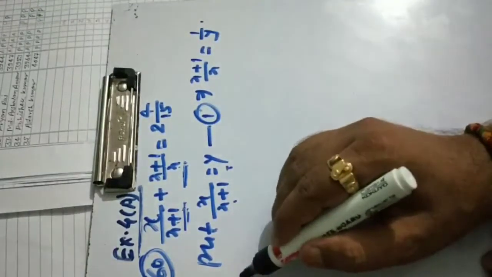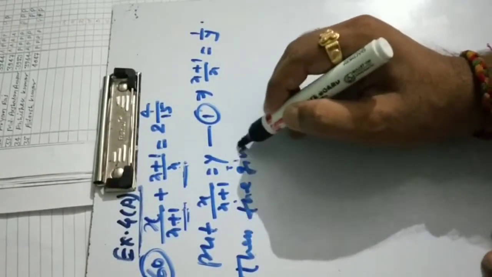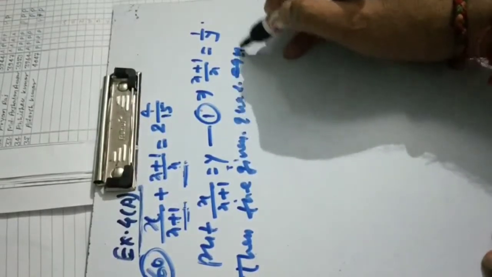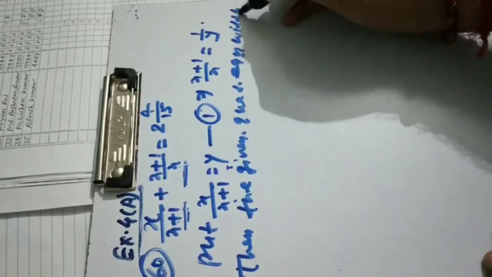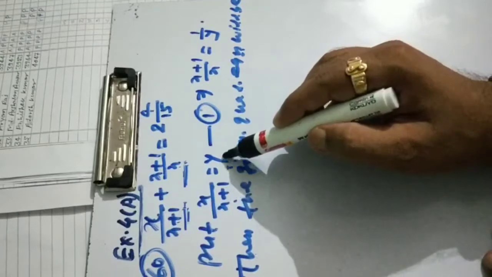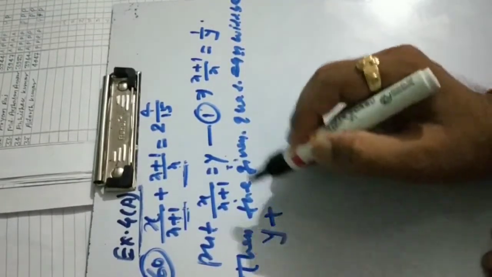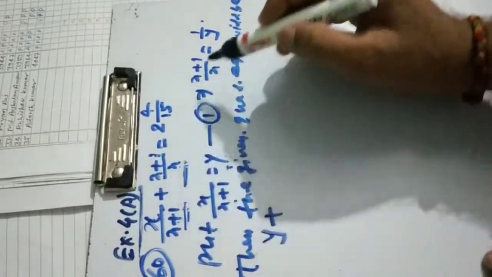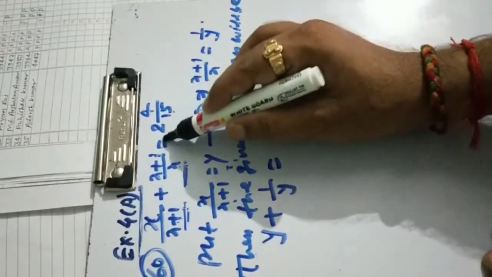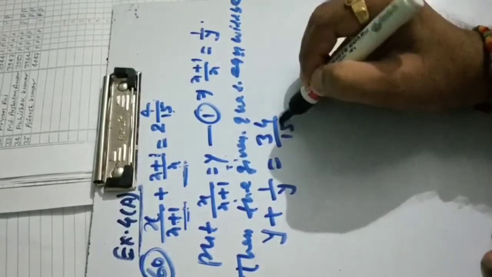Okay, then the given quadratic equation will be, at the place of x upon x plus 1 we have supposed y, so we have to write y, and the value of x plus 1 upon x is 1 upon y, is equal to 34 upon 15.